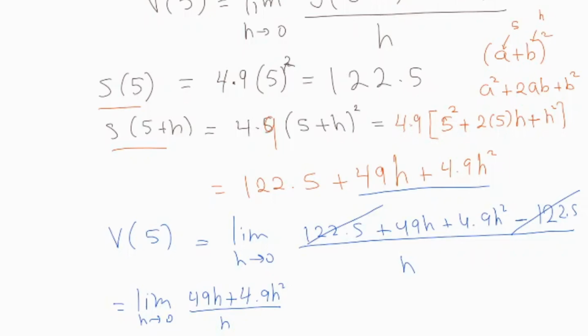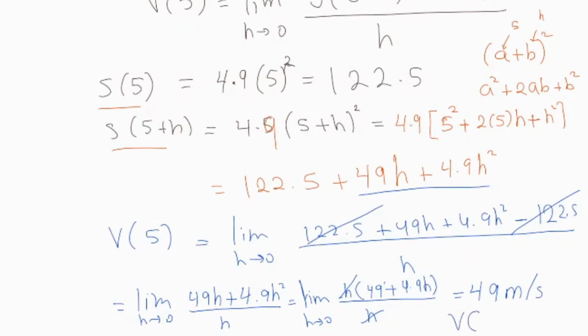If you substitute directly, you'll get 0 over 0. So I can take h as a common factor, giving the limit when h goes to 0 of h times 49 plus 4.9h over h. The h cancels, and finally I substitute 0 for h, and I get 49 meters per second. So this is the velocity at 5.